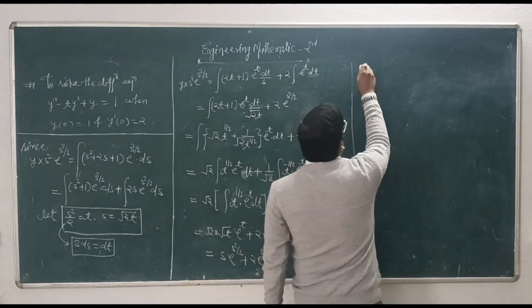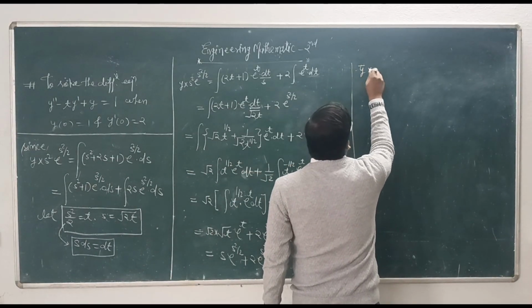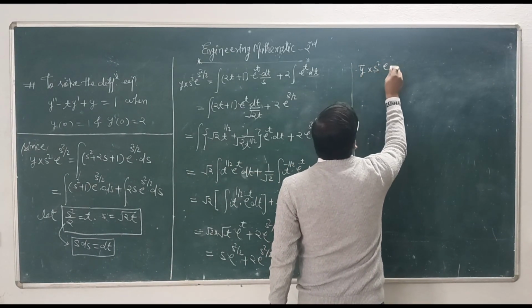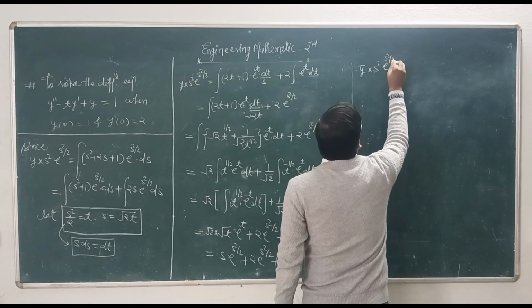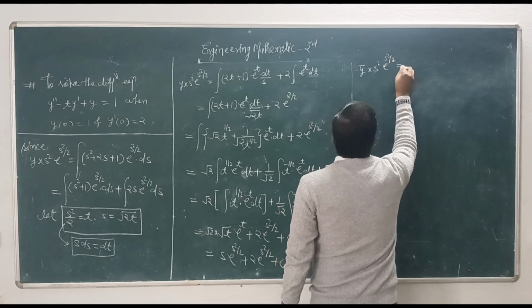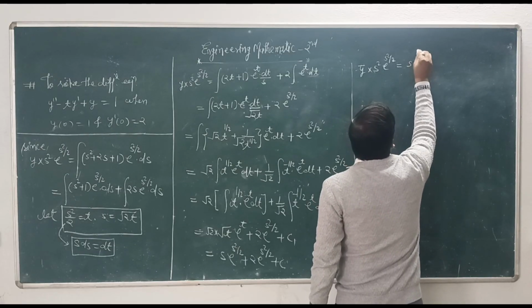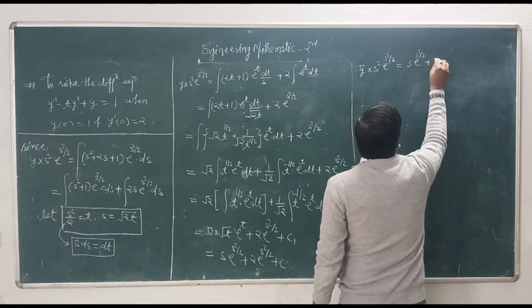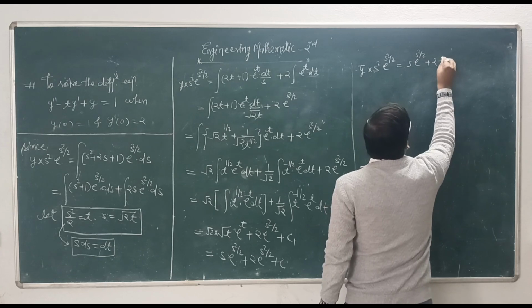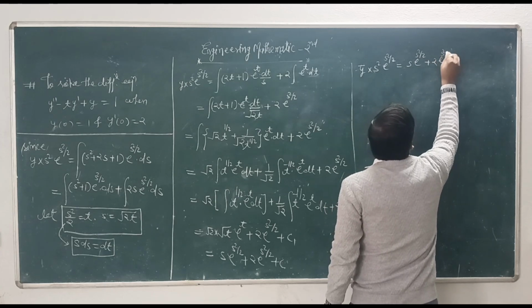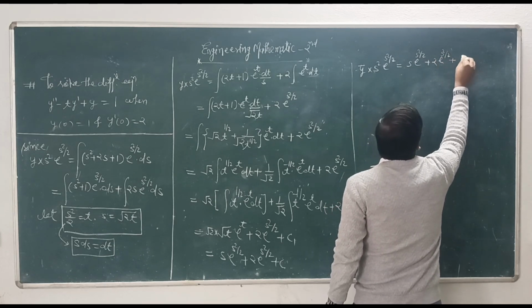This means y bar into s square e to the power s square by 2 is equal to s e to the power s square by 2 plus 2 e to the power s square by 2 plus C1.